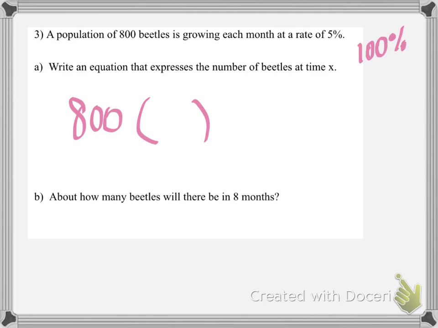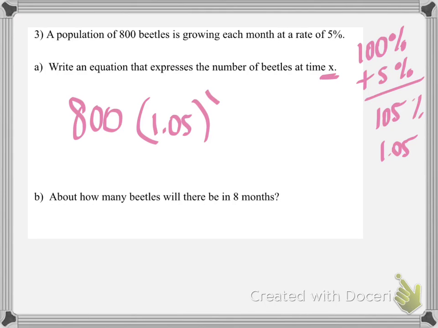You have 100%, you are adding 5% each period, which puts you at 105%. That as a decimal is 1.05. So there's your base. And since it's happening every single month, that's exponential growth, and our exponent is just an x.